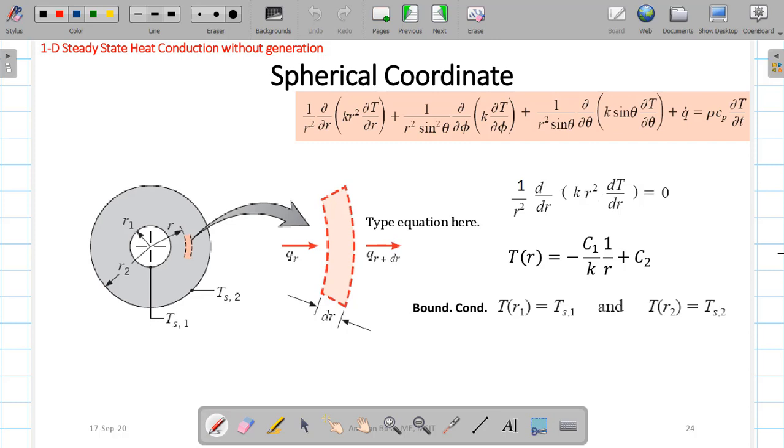As we know, there are three different coordinates by which a particular point is defined in spherical coordinates: r, theta, and phi, where r is the radial direction, theta is the polar direction, and phi is the azimuth direction.